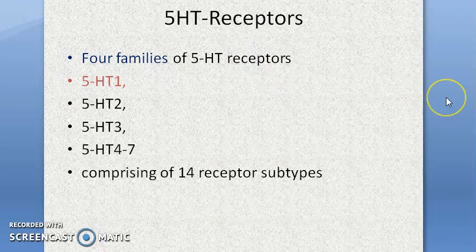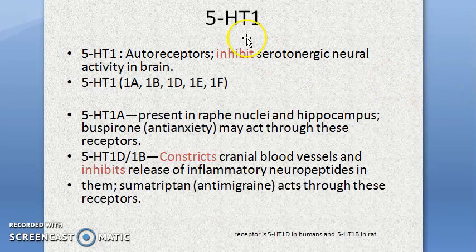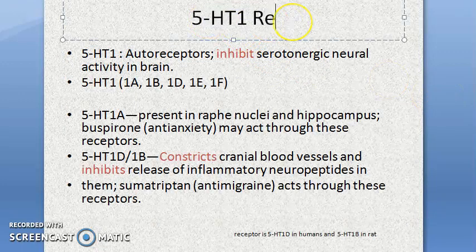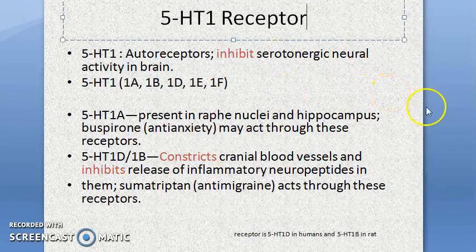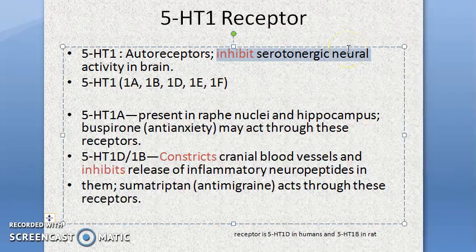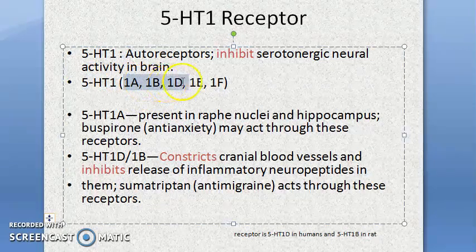Now, moving on to the 5-HT1 receptor. These inhibit the serotonergic neural activity in the brain. Actually, they inhibit the neural activity in the brain. Now, in this 5-HT1, there are subtypes you should know: 1A, 1B, 1D, 1E, 1F. Fine.